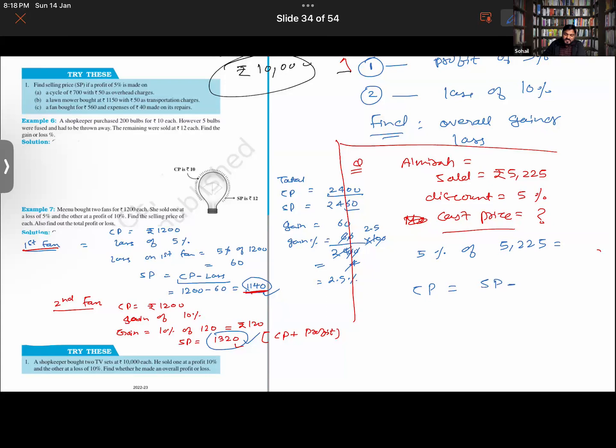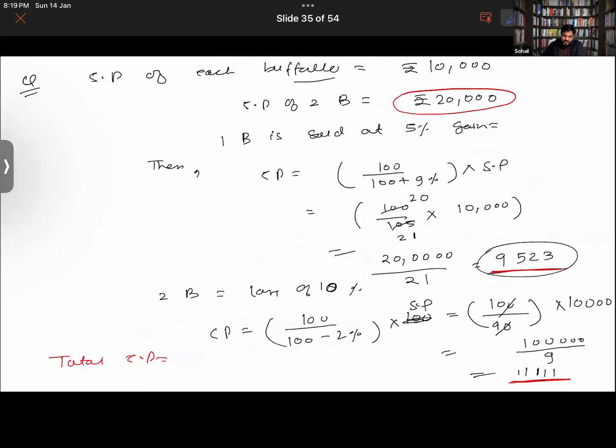Selling price minus discount. Yes, right sir. So once you have found how much the discount is, discount is 5% of 5,225. So thereby it will be 5,225 minus the discount that you will be getting. So that will be giving you the cost price. So hope that is clear. Now moving on.